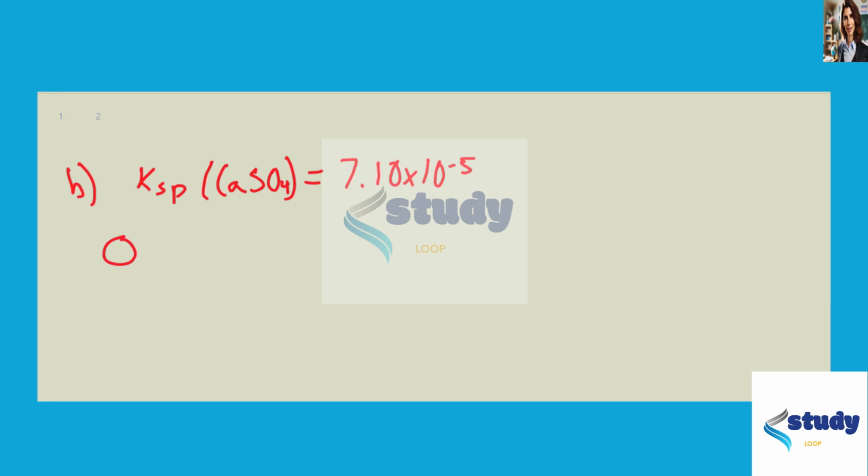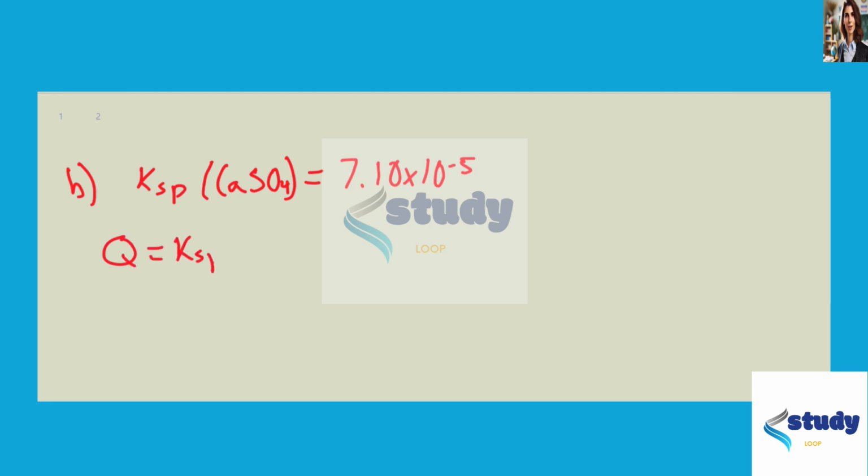For part B, the compound that will form the precipitate is calcium sulfate. So we write down the KSP, which is 7.10 times 10 to the minus 5. And then we follow the same process.